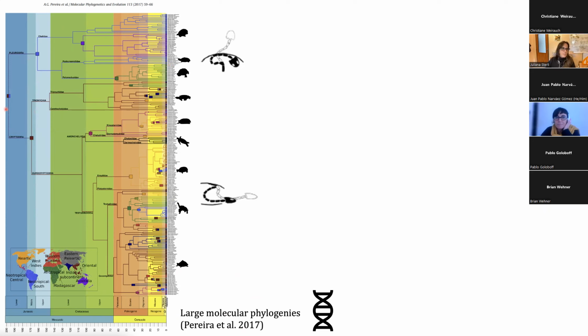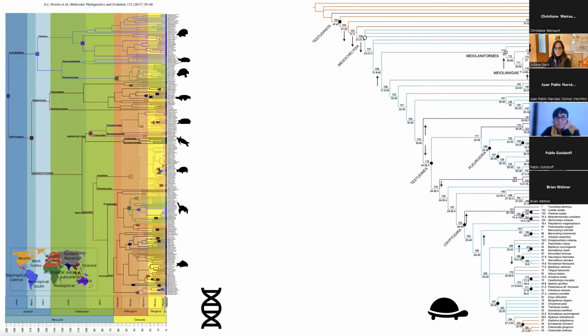That we have the crown group Testudines formed by two clades, Pleurodira and Cryptodira. But what happens if we compare this molecular phylogeny with the morphological phylogeny?